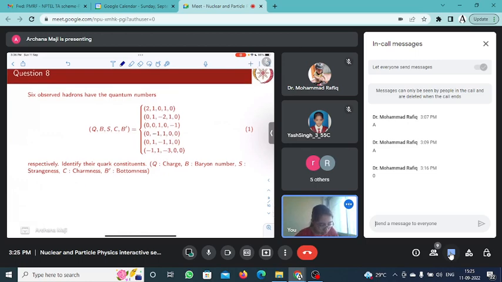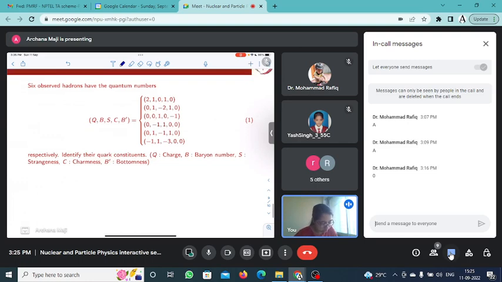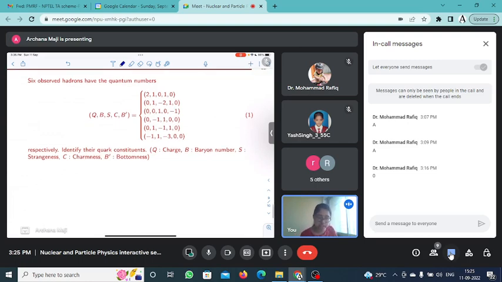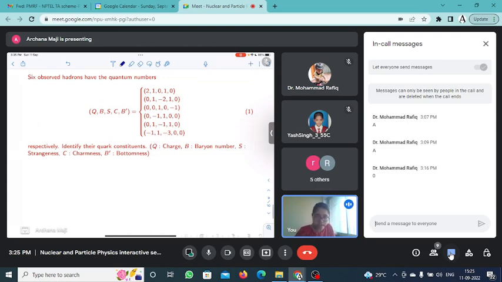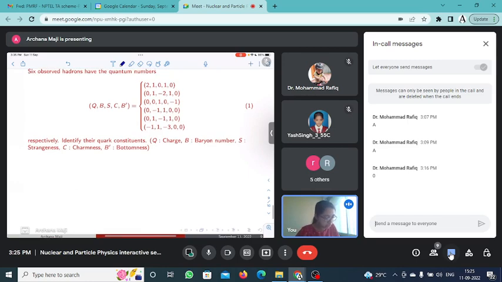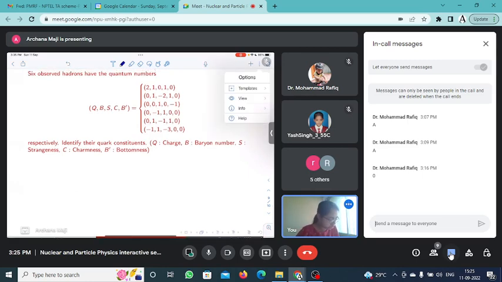So 6 observed hadrons have these quantum numbers. We have to identify their quark constituents. So you have the chart with you, the different quantum numbers, but since we need it here, let me just redraw it quickly.